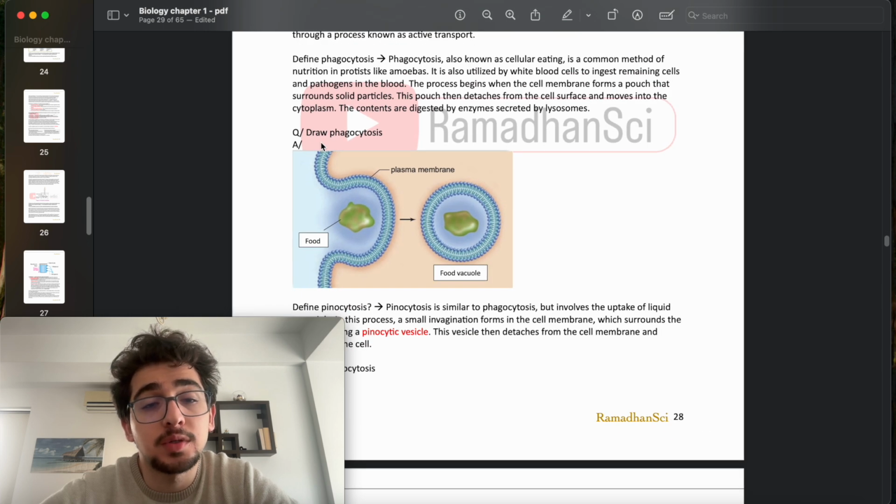We'll discuss phagocytosis real quick. I don't want to make this long. Phagocytosis is basically when the cell membrane forms a pouch-like structure to surround a food particle. Then this will detach from the surface to the inside of the cytoplasm as a vesicle or vacuole.